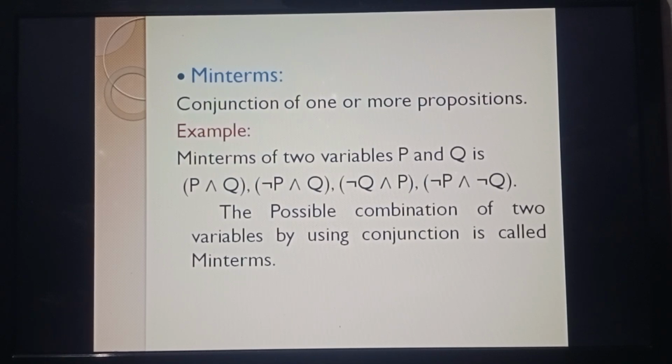The possible combinations of two variables by using conjunction are called the min terms. Similarly for three variables p, q and r: p and q and r, p and q and negation r, p and negation q and r. In this way we have to form the min terms for three variables.